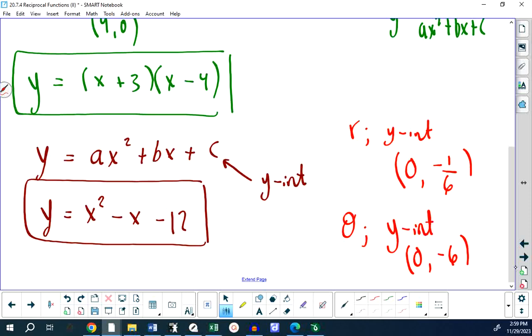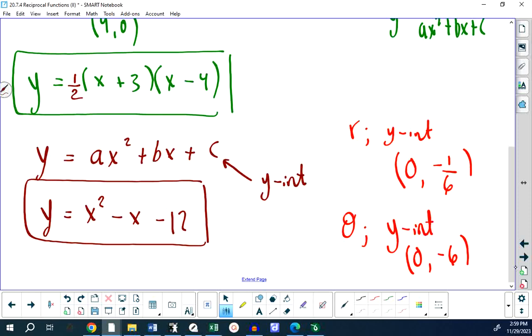Any idea what you would do to make that y-intercept negative 6? You'd put a 1/2 in front. You'd multiply the whole thing by a half. Which would mean this would be a half, this would be negative a half, and this would be negative 6.